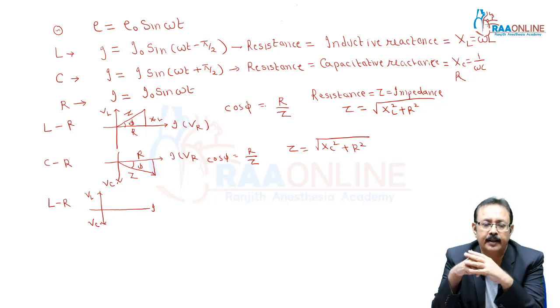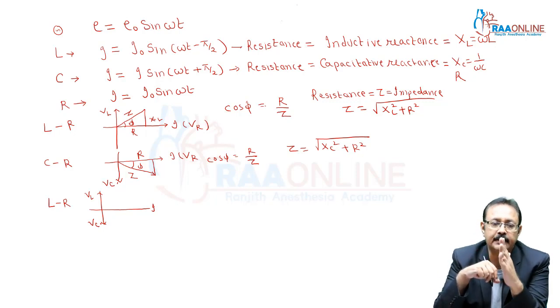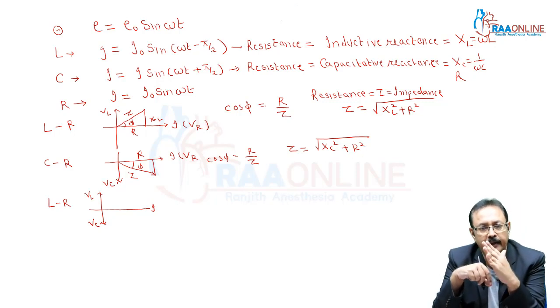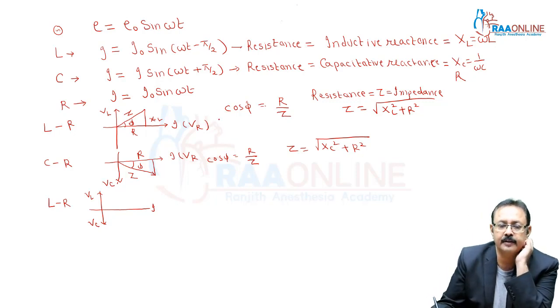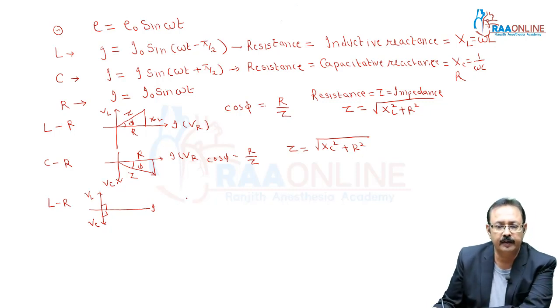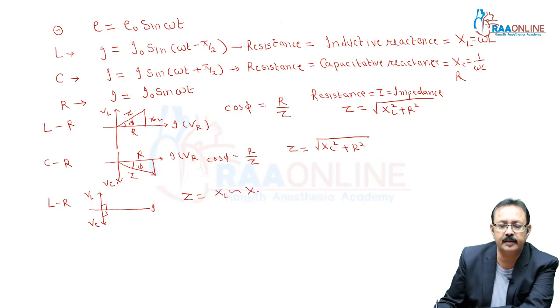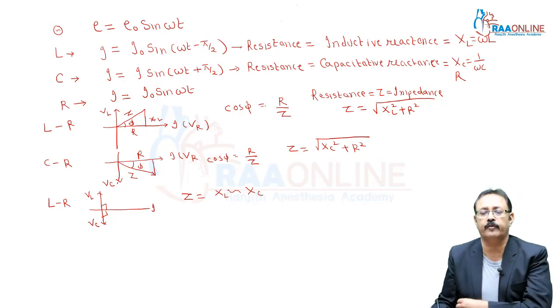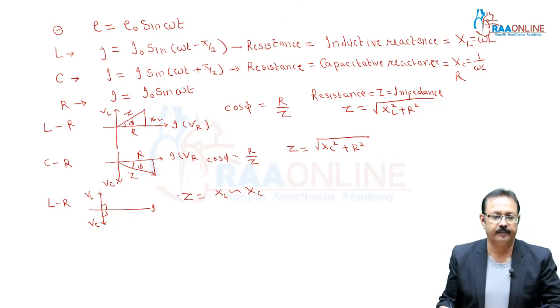I into XL. If XL is greater than XC, then voltage will lead. If XC is greater than XL, then current will lead. And phi in both cases should be 90. And the resultant resistance is the difference of both. Means subtract smaller from bigger, you will get the resistance.